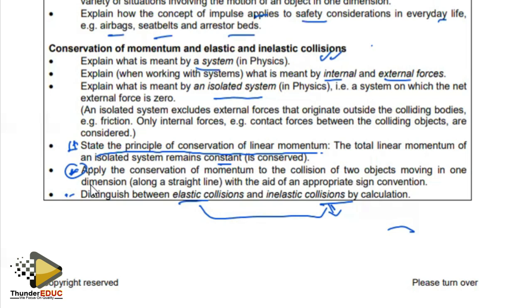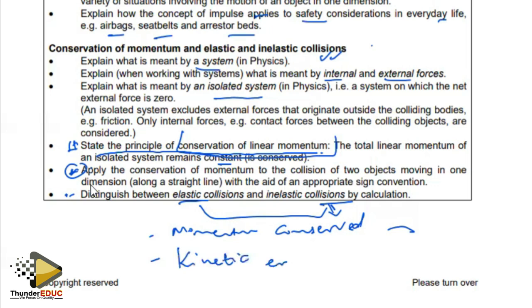In this case, remember momentum from the law of conservation. Momentum is always conserved for both elastic and inelastic. The only difference lies within the kinetic energy. Kinetic energy within the elastic is conserved. Within the inelastic, it's not conserved.